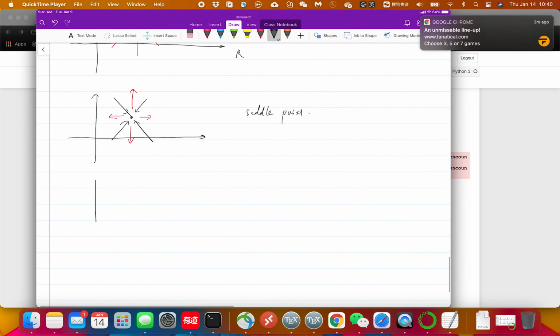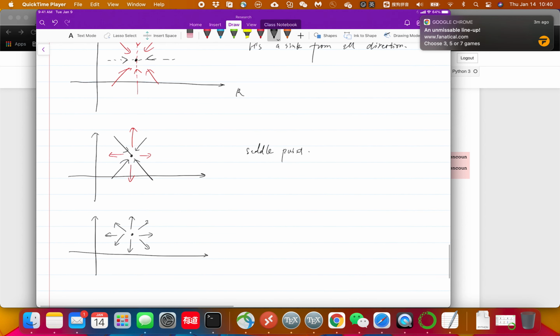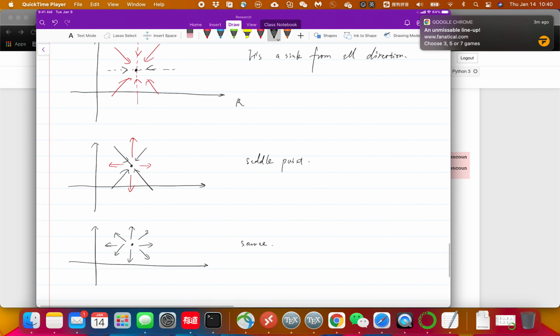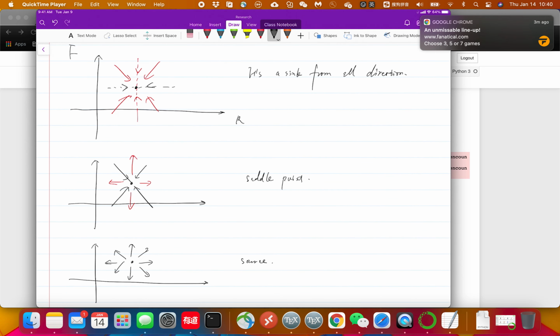Okay, and then for source, I think it's the same thing. It's easy to understand. It has to be a source in every direction possible. Source. If you think about it, it can be very easily connected to what we had in Calculus 3.